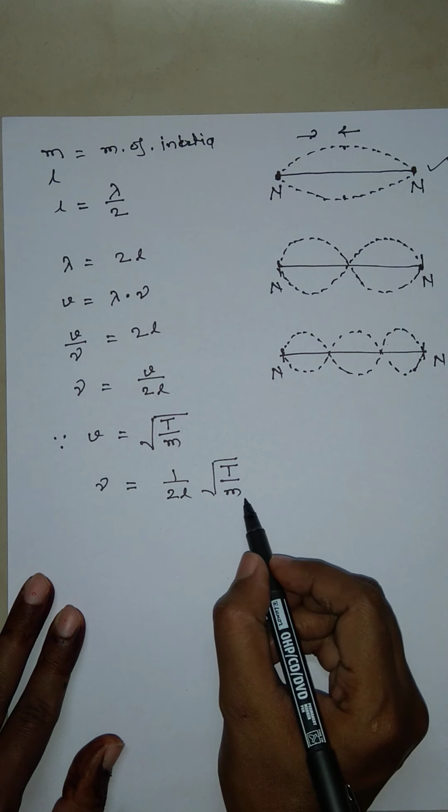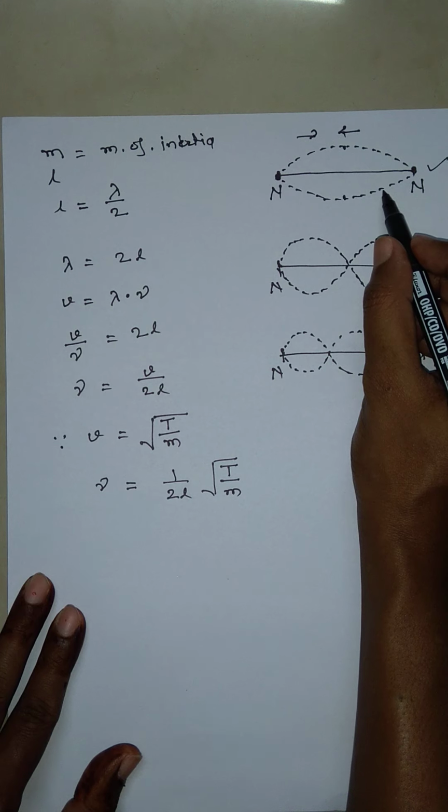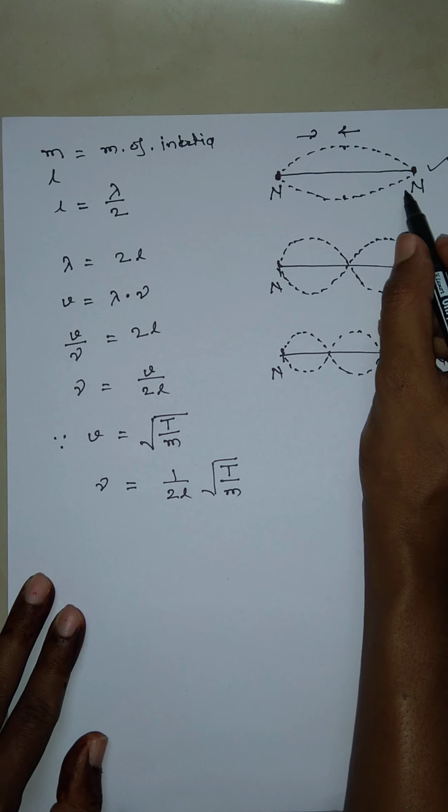So this is the expression for frequency by which you can generate one loop over a stretched string.